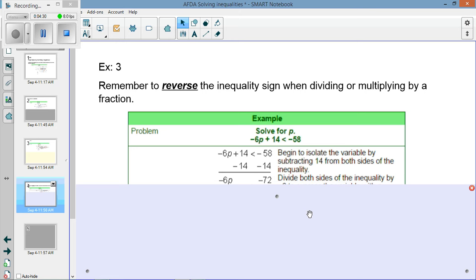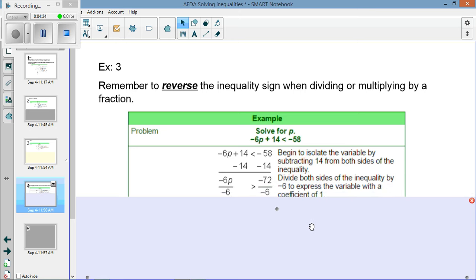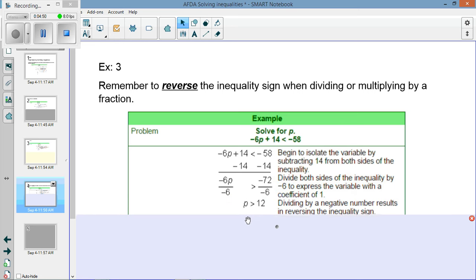I'm sorry, less than negative 72. So now what I'm going to do is divide by that negative 6. What you'll see right here is that it has gone from being less than to greater than, because I'm dividing by a negative. So whenever we divide or multiply by a negative, the inequality changes direction. So now we have p is greater than negative 12.